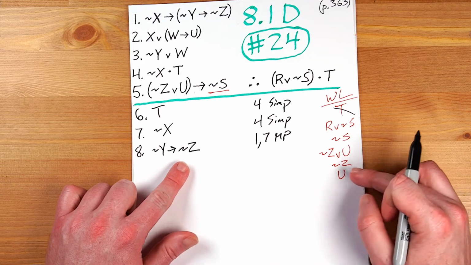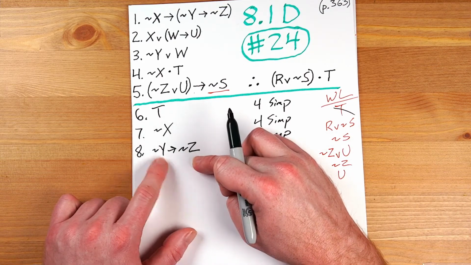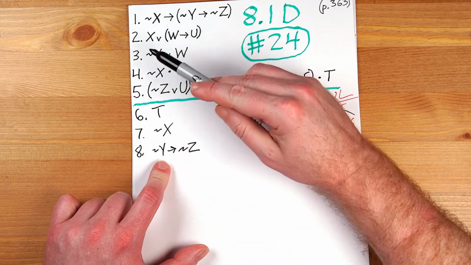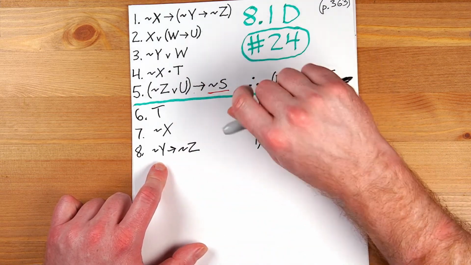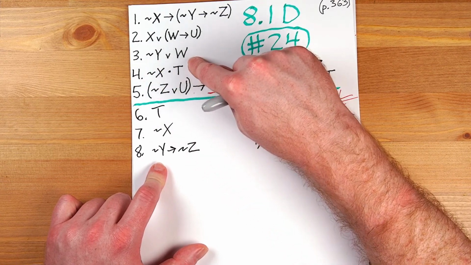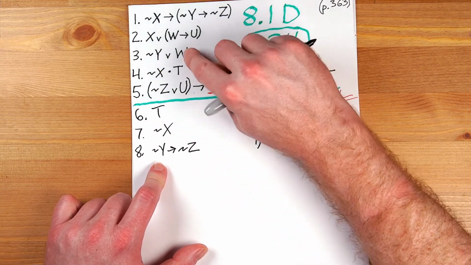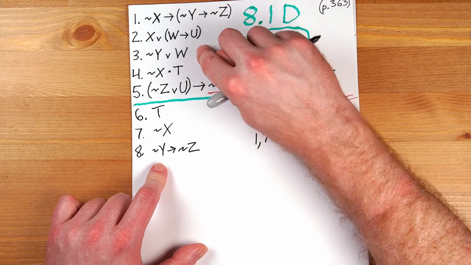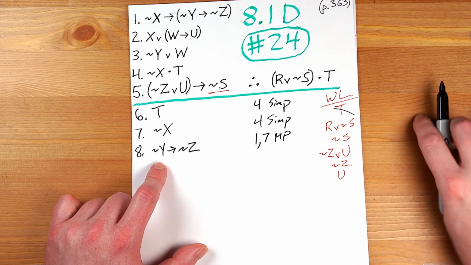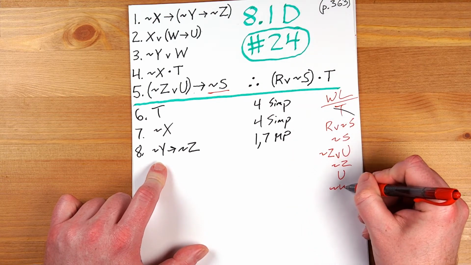Now, to get our not z, we would like to have not y all by itself. We see not y appear in 3. So it's in a disjunction. So we could do disjunctive syllogism on 3 if we had not w. So that would be nice. Not w.